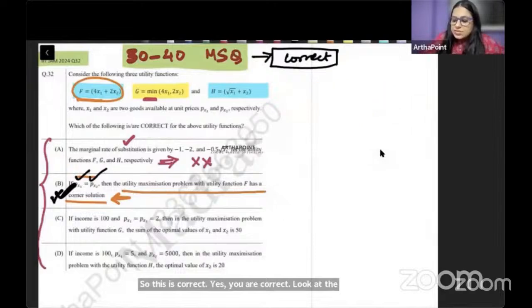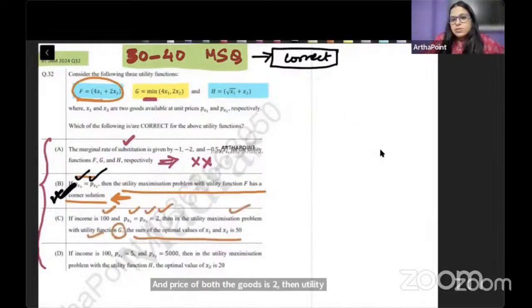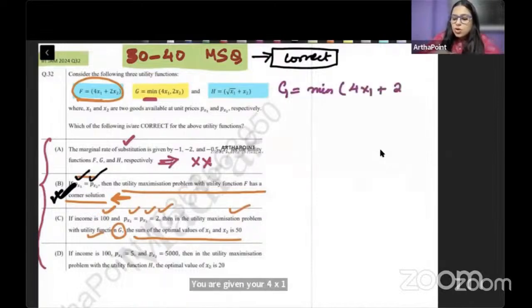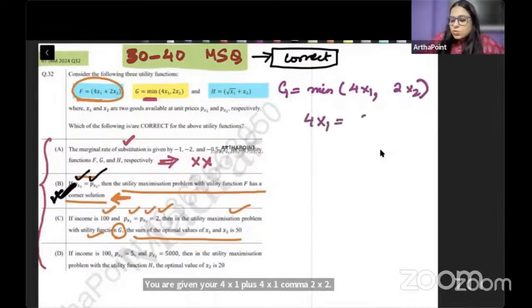Look at the next option, option number C. It says income is 100 and price of both the goods is 2. Then the utility maximization problem g, sum of optimal values. Look carefully. You are given your utility function as min of 4x1, 2x2. So you will get 4x1 is equal to 2x2.